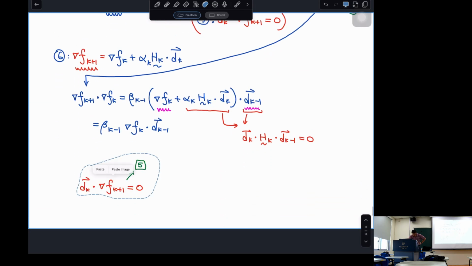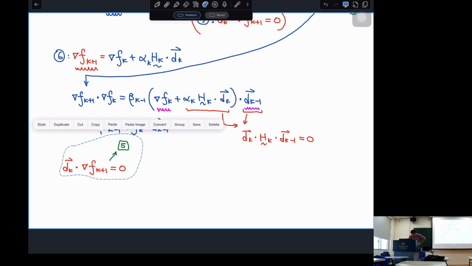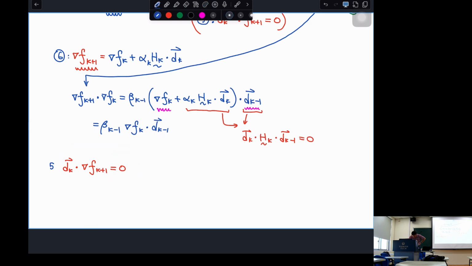In equation 5, it tells us dk dot gradient f k plus 1 equals 0, and this has to be valid for all k.